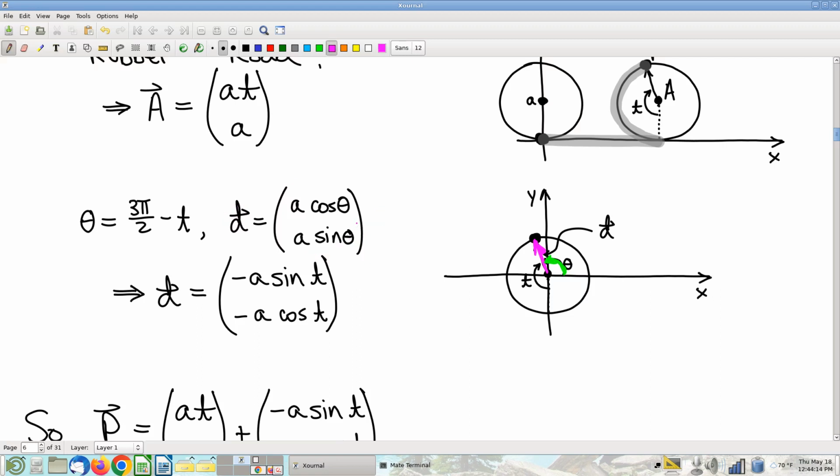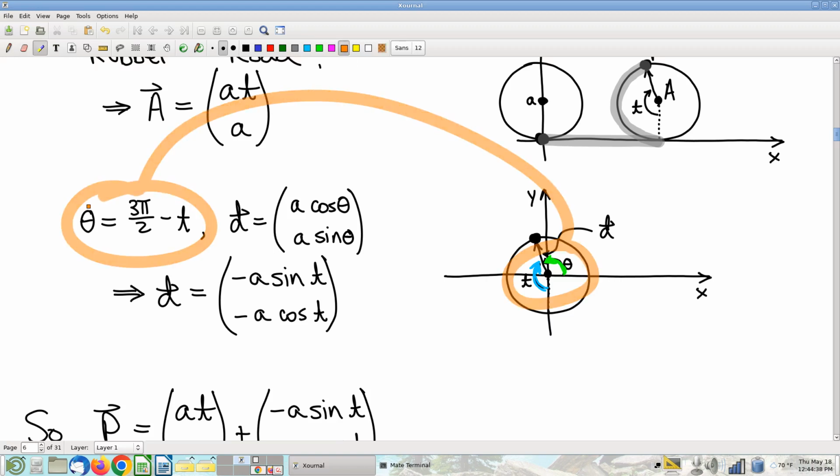So what I'm going to have to do now is make the observation that these parameters are actually related. I'm going to use blue. So the angle t from before and the angle theta always add up to 3 pi over 2. Again, another geometric appeal.